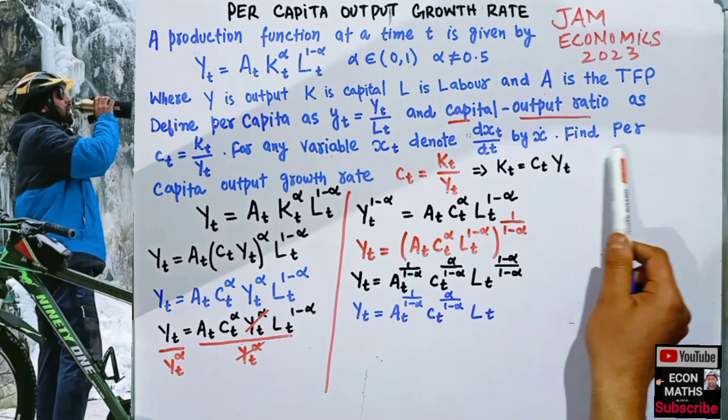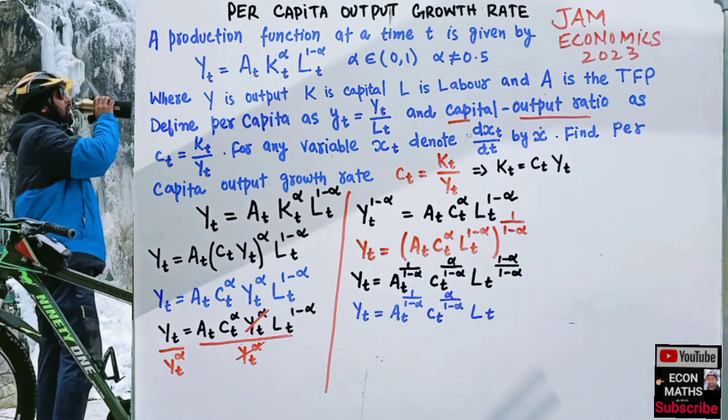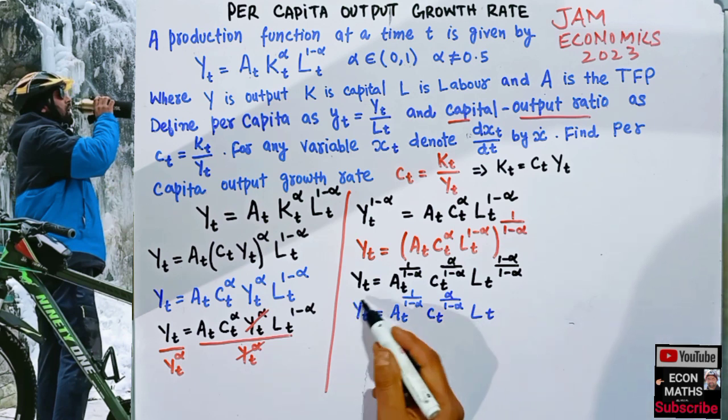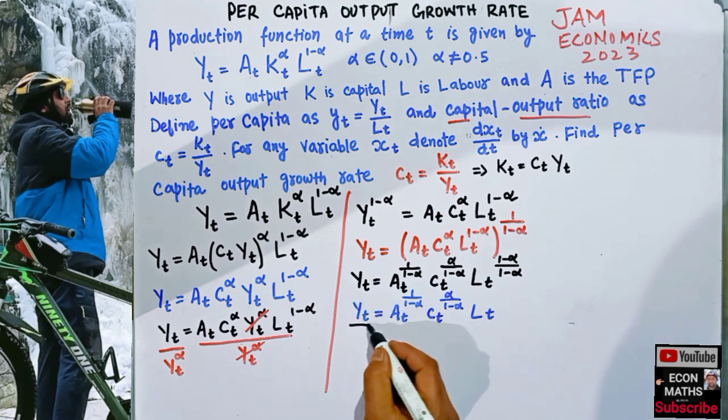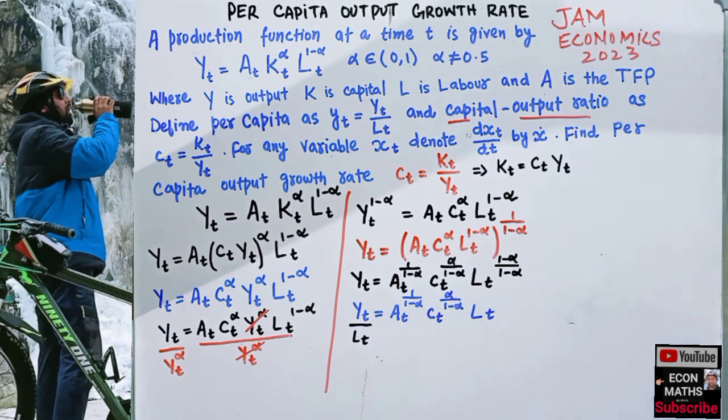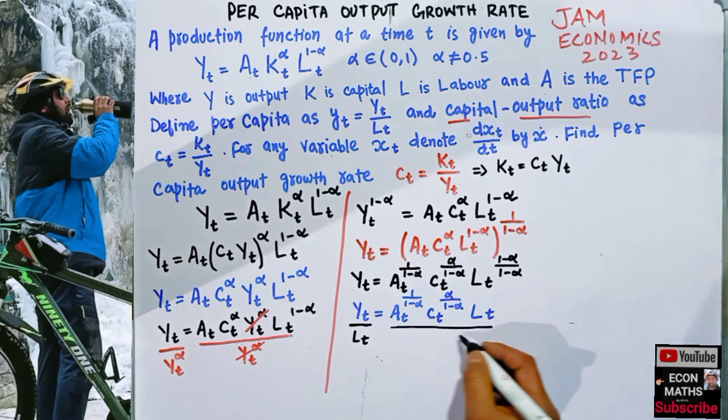Since we have to find the per capita output growth rate, we want to find the output per worker. So this is our total output. To this we divide by L_t. This will give us the output per worker. If I divide on the LHS, I have to divide the RHS also to balance the equation. So we have L_t here also.